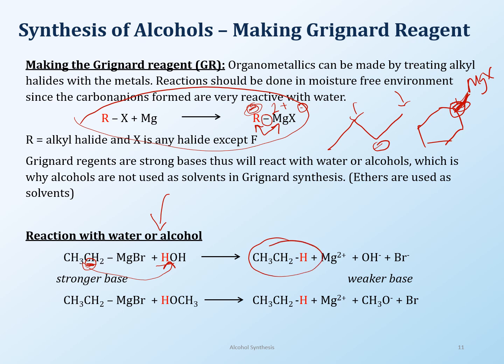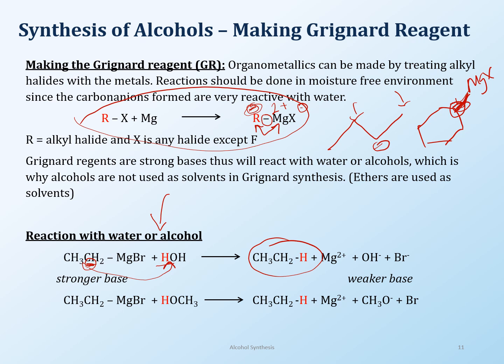Okay, your Grignard reagent is dead now. Now you've created an alkane. So if that was your intention to get rid of the reagent, that's fine. But if you had any kind of water in your reaction system, then you actually just killed your Grignard reagent. So you have to be careful in doing these kind of reactions, that you don't have any water.